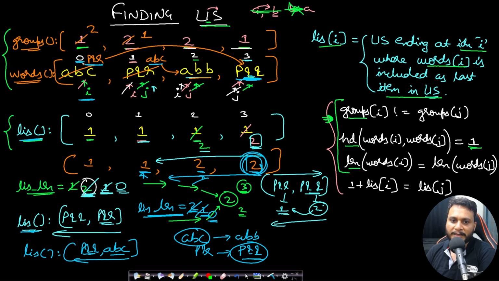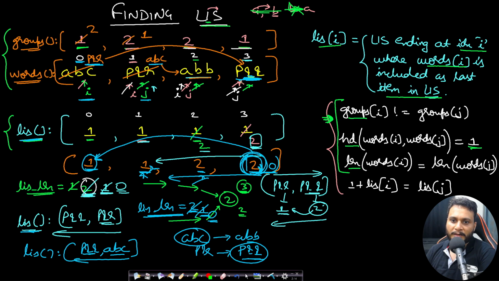So PQR being at index 0, if I can say that the previous item is at index 0 by saving it in a pair, then I can simply jump to index 0 and I will exactly be reaching whichever previous item I actually want, rather than getting any wrong answer in the middle. So that should be my idea. Whenever you update a jth item, always save, either in a pair or using extra space, the previous item that has to be included, which was included.